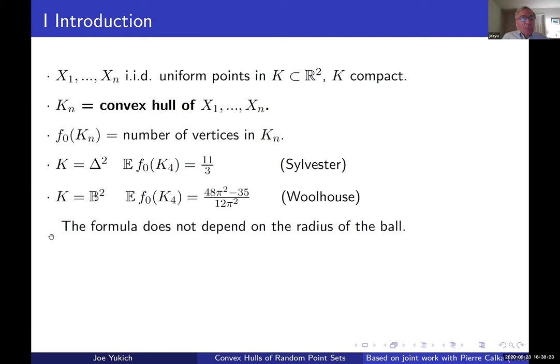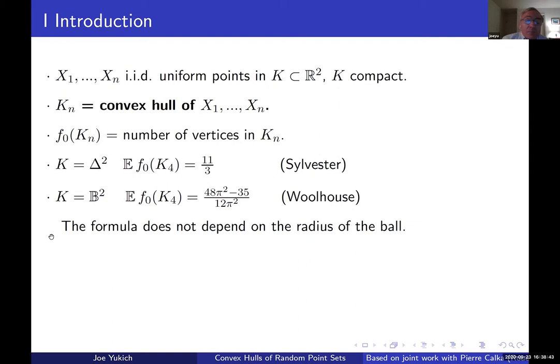Okay, let's look at a couple more examples. If the mother body hosting the n points is the triangle, as we just saw, the expected number of vertices in a 4-point set put down uniformly at random in the triangle is 11/3.